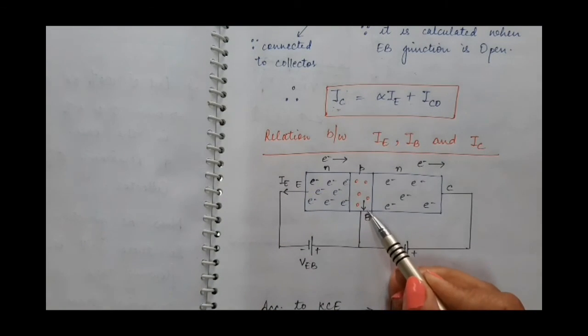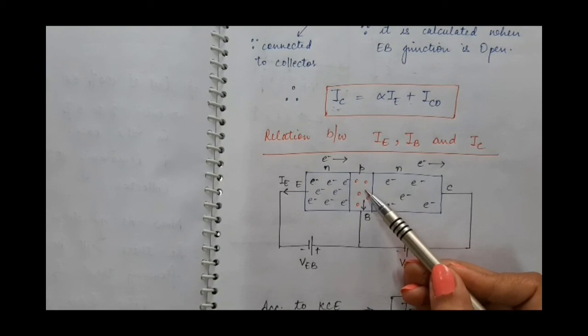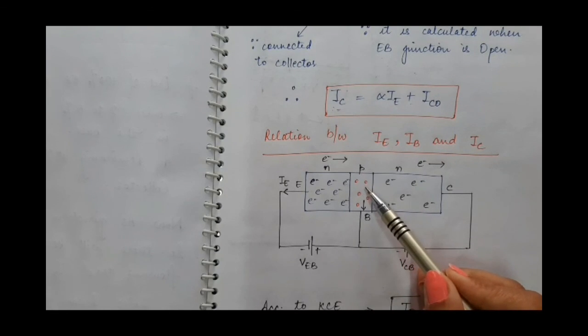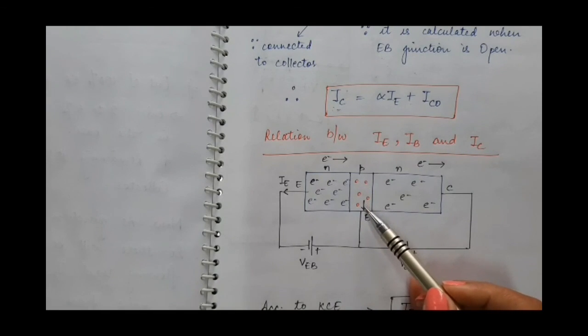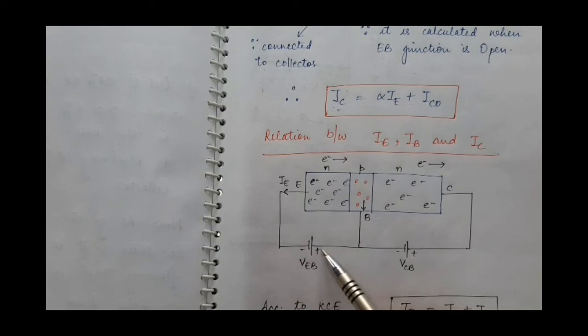Similarly, the base is p-type, and after the recombination of electrons and holes, the electrons which enter into the base are attracted by the positive terminal of VEB.